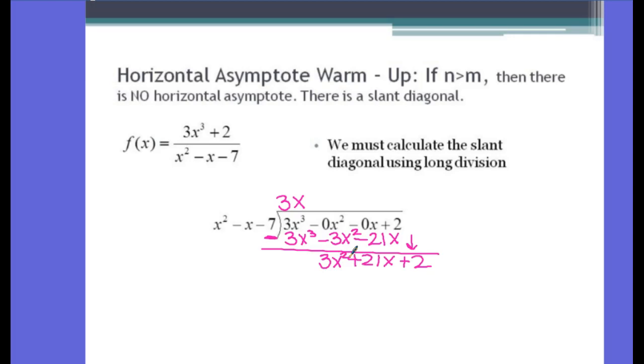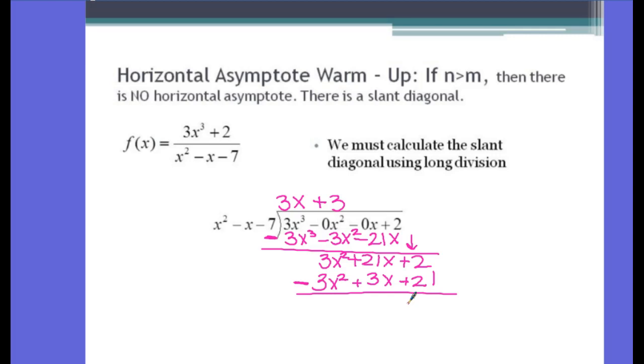So again, the question becomes, what do I have to multiply x squared by to get 3x squared? So it becomes minus plus plus because you change the signs when you subtract the second.